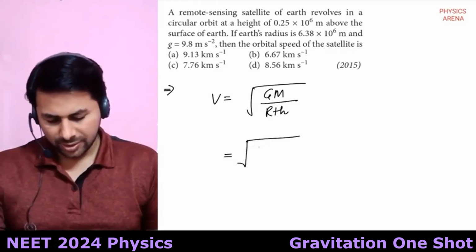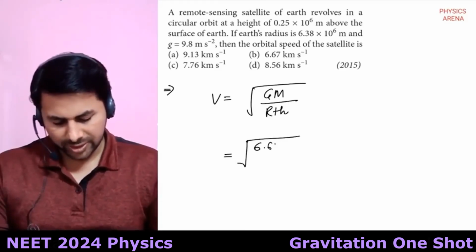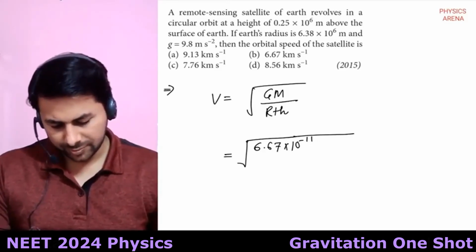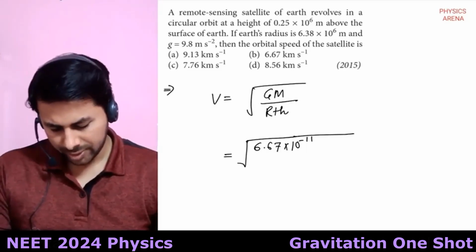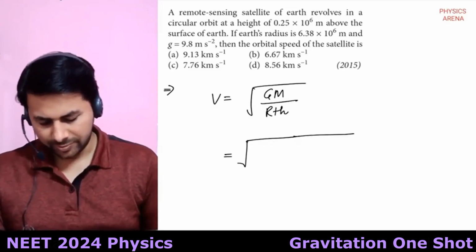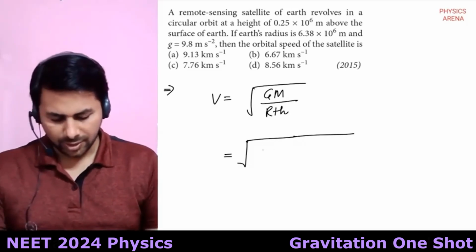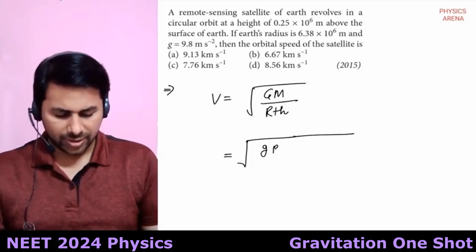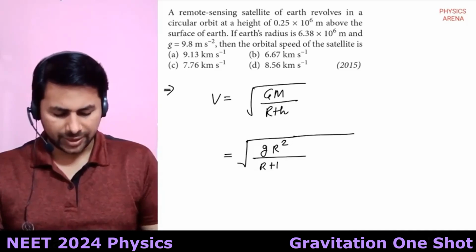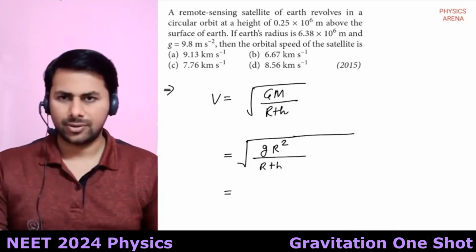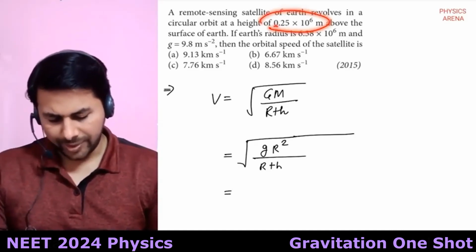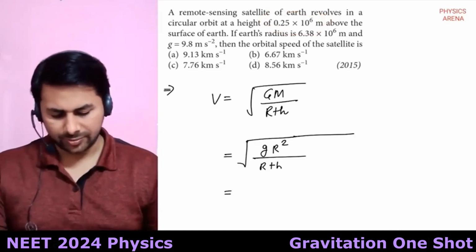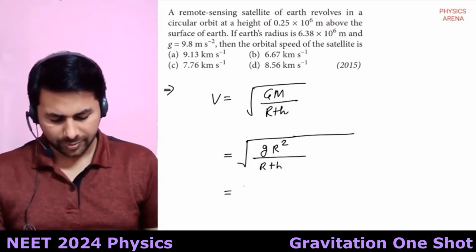So that is 6.67 into 10 raised to minus 11. Okay, can we do something? Small g is given, so let's convert this. This is g into R square upon R plus h, and height is 0.25 multiplied by 10 raised to 6.